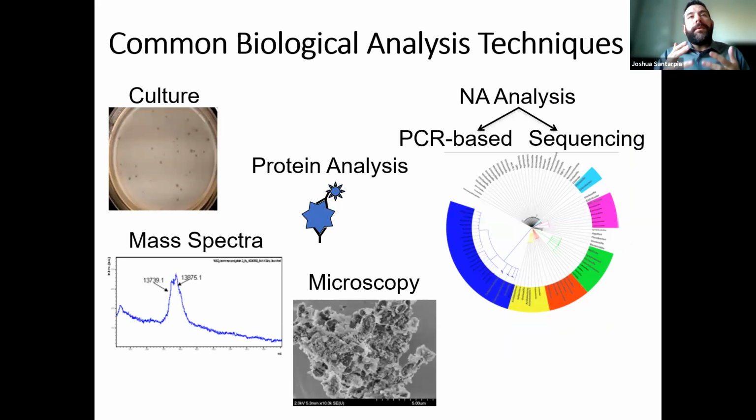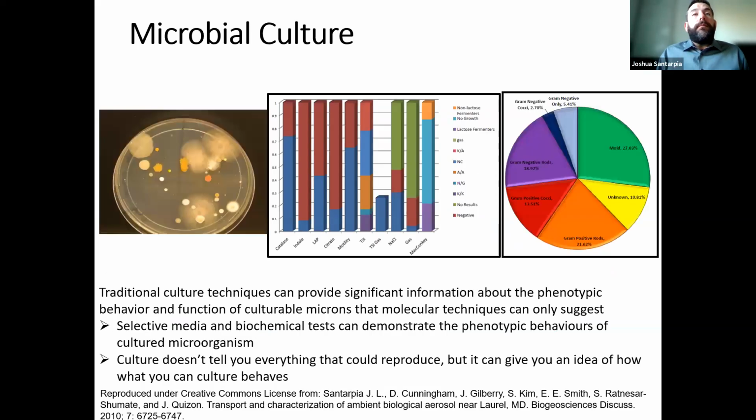A lot of the common biological analysis techniques I've mentioned over the course of talking about collection: there's culture, there's nucleic acid based or molecular techniques, which could be either protein or nucleic acid. Then there's also some of the more standard chemical techniques like mass spectra, and then visual techniques like microscopy. And your collection technique and your analysis technique have to be matched appropriately so that you can do them both.